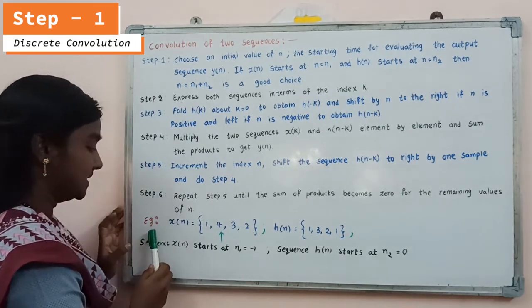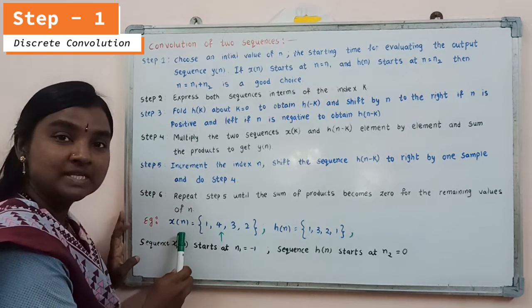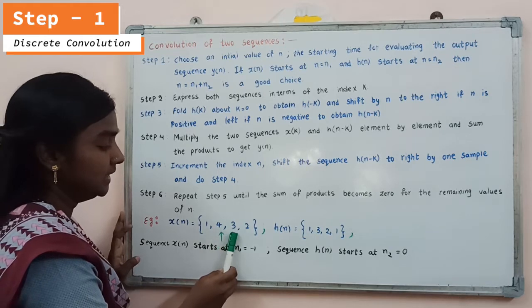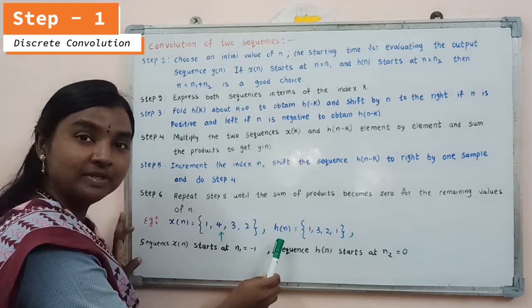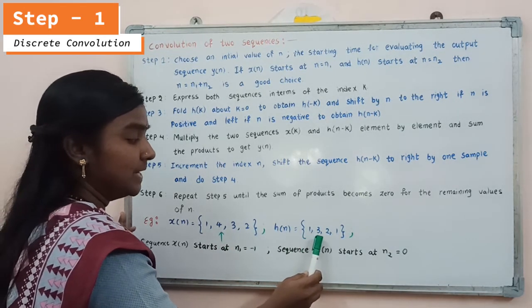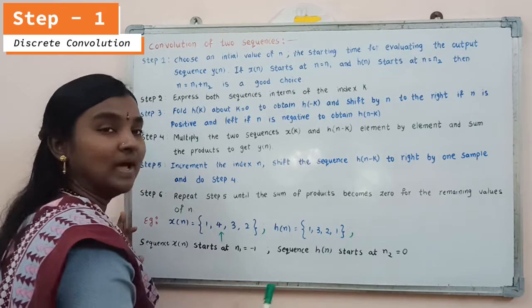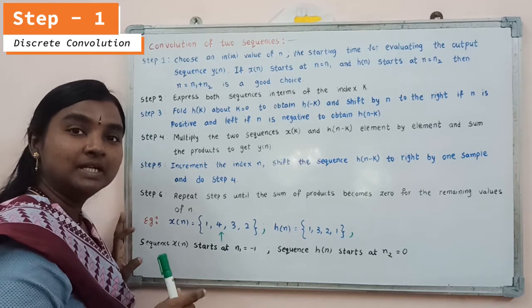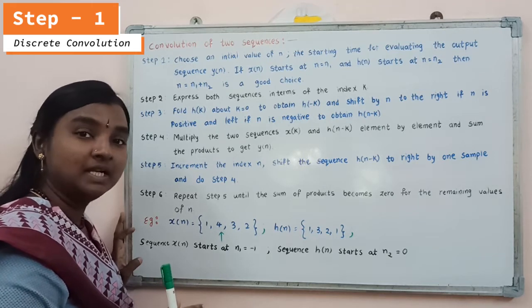Now here is the example. The sequence x of n will be 1, 4, 3, 2, and the h of n sequence will be 1, 3, 2, 1. These two sequences are represented in the discrete time domain.